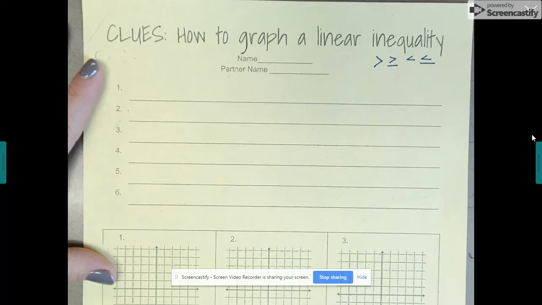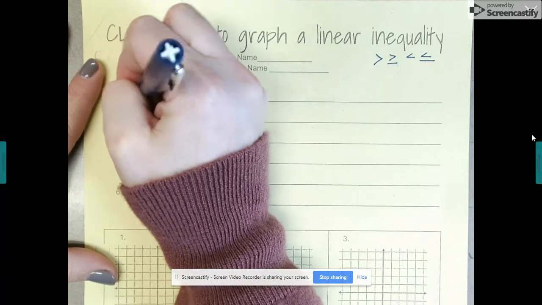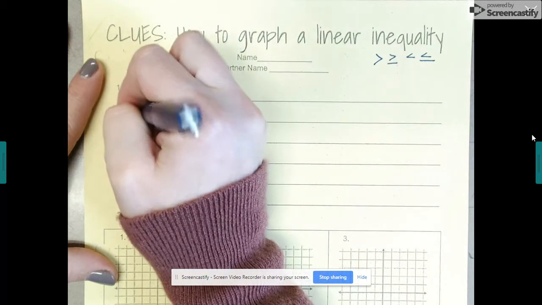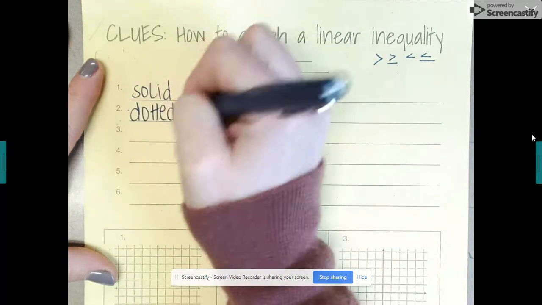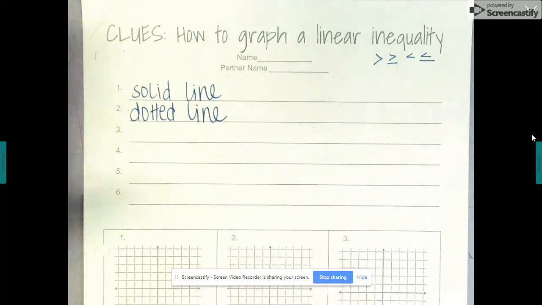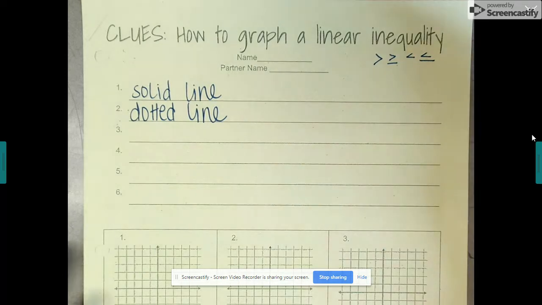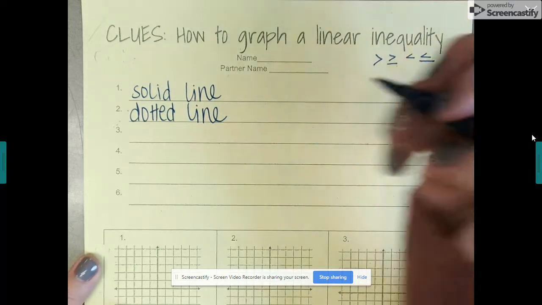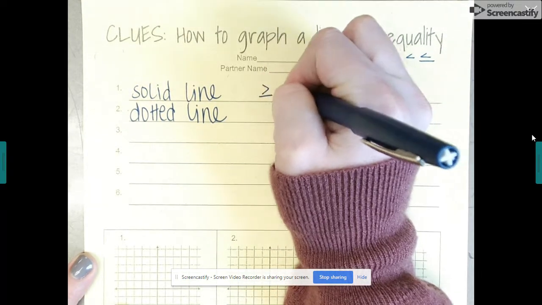So the first one, solid line or a dotted line. Okay, solid or dotted line. So if you think about it, when we do a solid line or when we do like a filled in circle, it's the ones that have the lines underneath.